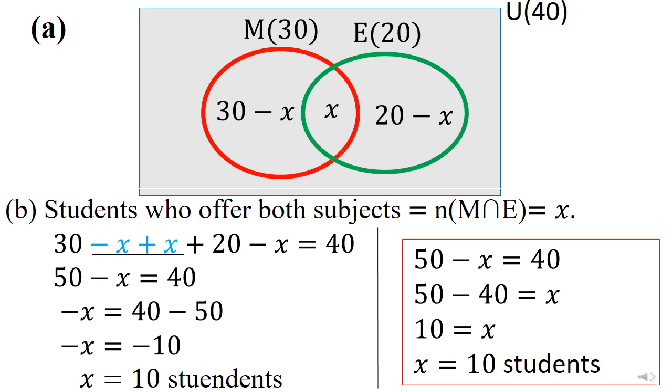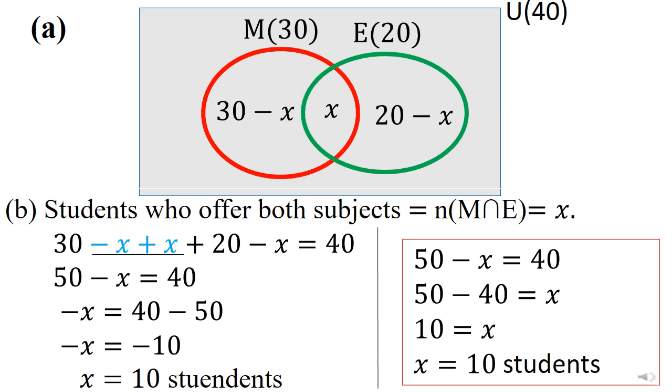So we have 30 minus x plus x plus 20 minus x equal to 40. Here we simplify. Minus x plus x will give us 0. 30 plus 20 will give us 50. So we have 50 minus x equal to 40.